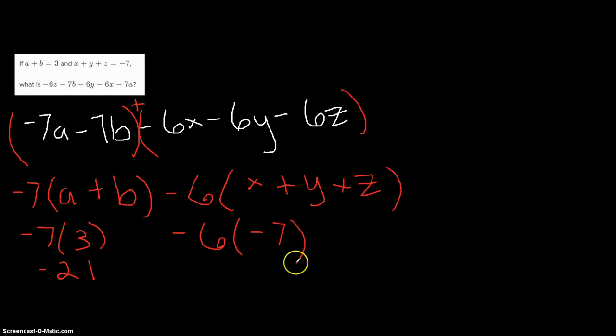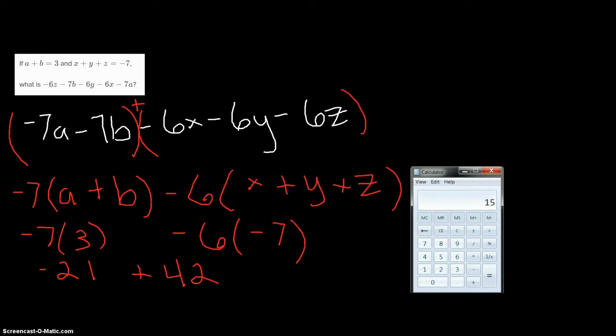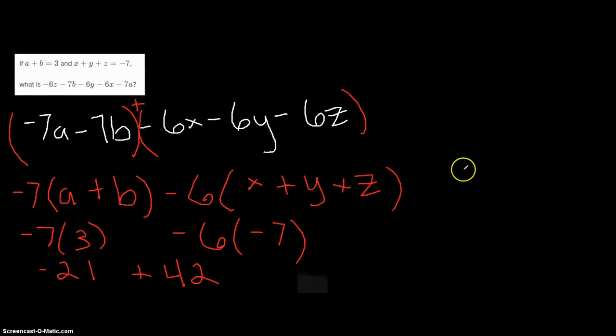Okay, and then negative 6 times negative 7 is positive 42. Alright, so all that's left is to add negative 21 to 42. So we have 42 minus 21 is 21.